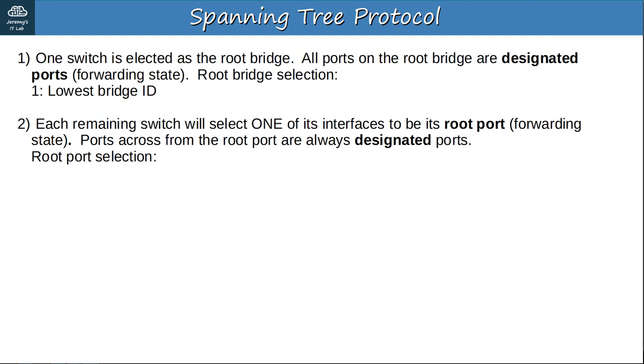Ports connected to the root port are always designated ports. The first criteria for root port selection is the port with the lowest root cost. However, what if a switch has multiple ports with the same root cost? In that case, the interface connected to the neighbor with the lowest bridge ID will be selected as the root port. Let's see an example.